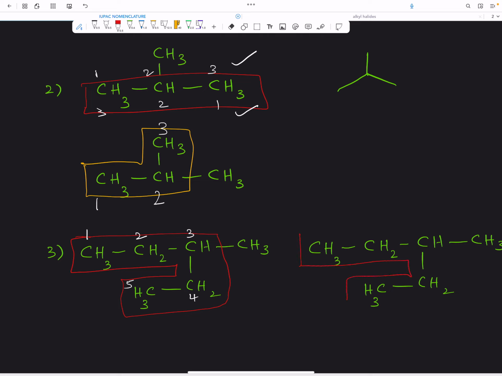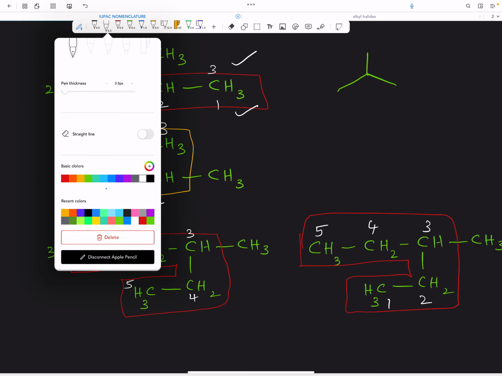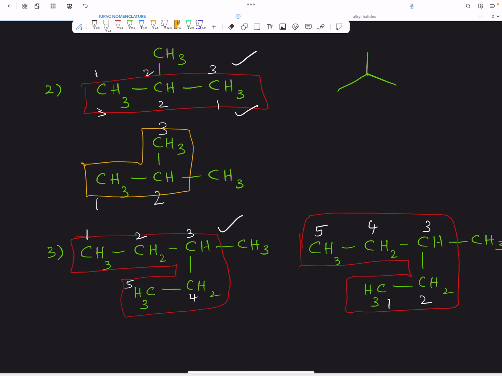The parent chain contains 5 carbons. Now, numbering in opposite direction 1, 2, 3, 4, 5. So, the numbering in any direction is giving same locant, and therefore both are correct. And of course, both numberings are identical.